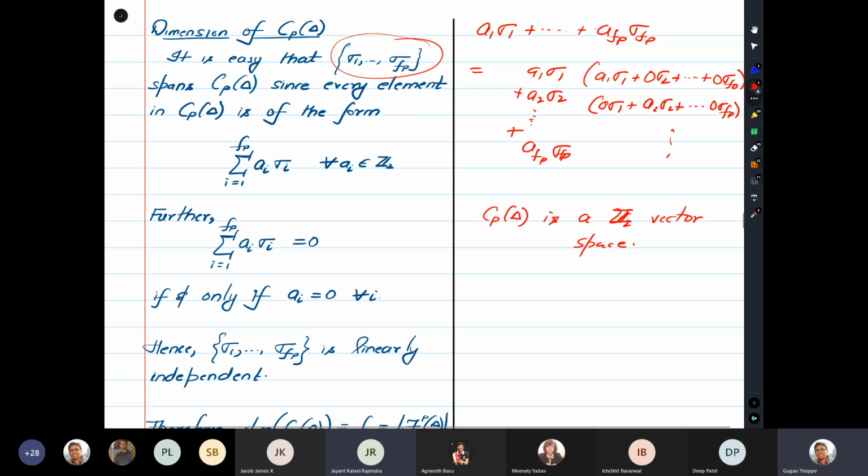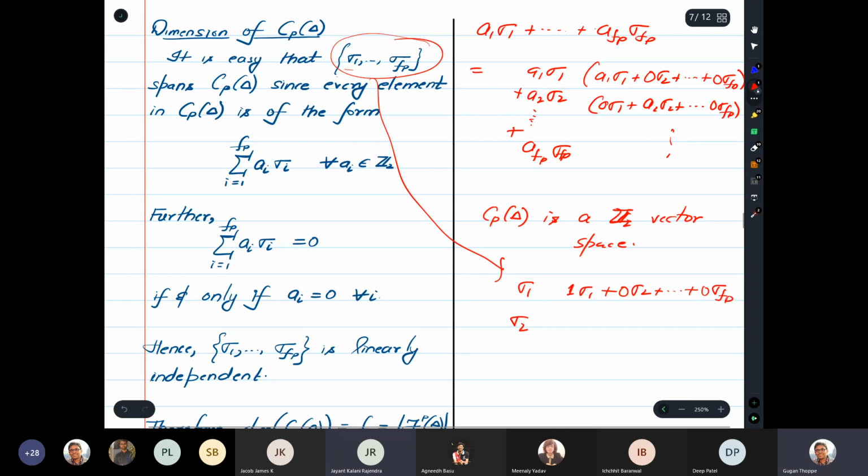When I write the set which contains sigma 1 to sigma fp, I don't mean these sets themselves. What I mean are P chains. So when I write sigma 1, I mean 1 sigma 1 plus 0 sigma 2 plus and so on, plus 0 sigma fp. Similarly, when I write sigma 2, I mean 0 sigma 1 plus 1 sigma 2 plus and so on, plus 0 sigma fp.